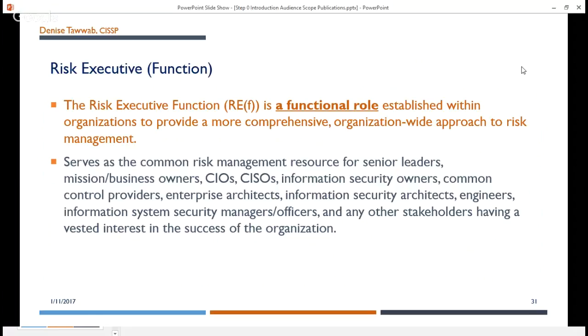The risk executive function serves as the common risk management resource for senior leaders, for mission and business owners, for CIOs, CISOs, information security owners, security architects, everybody in the organization and outside the organization who have a stake in the success of the organization and have an interest in information security. The risk executive function is established to be the single source of information for all of those people.